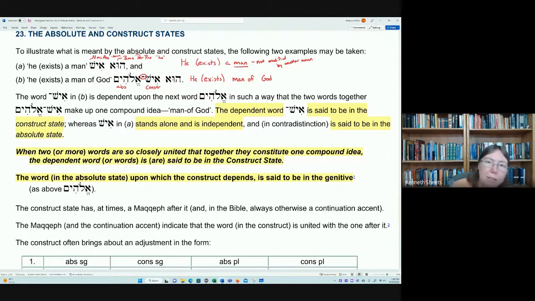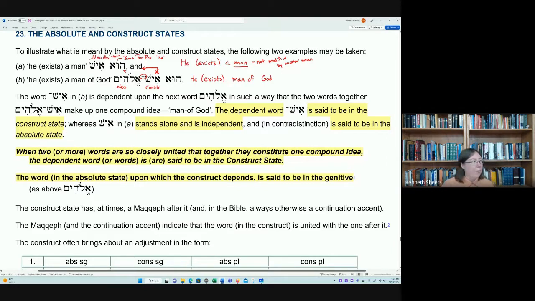So, because these two words are said together as a unit, the accent, which was on ish, now that it is being pronounced together with Elohim, is actually going to move, and so ish loses its accent, and that is going to become important for understanding what happens with some of these nouns as we go down a little bit further.